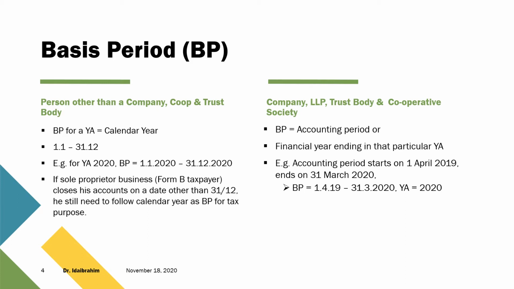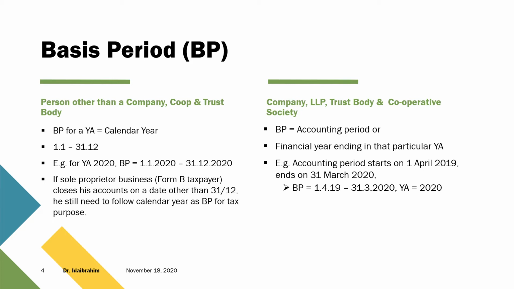However, if you are doing a business on your own, as a sole proprietor who fills Form B, you can actually close your accounts on any date for accounting purposes. You can close every month, every 6 months, or whichever month you want, because probably you are eager to know your profit.